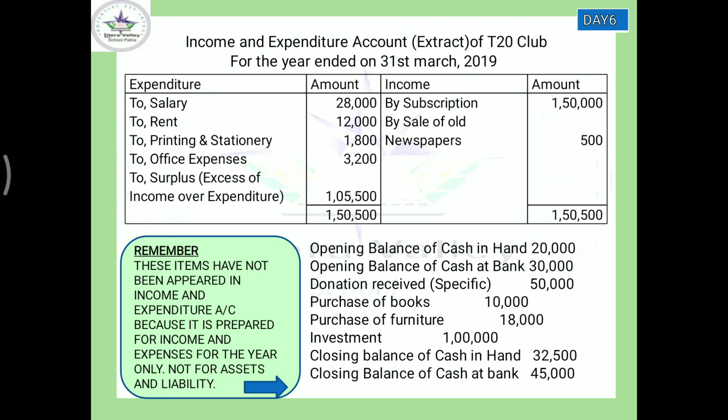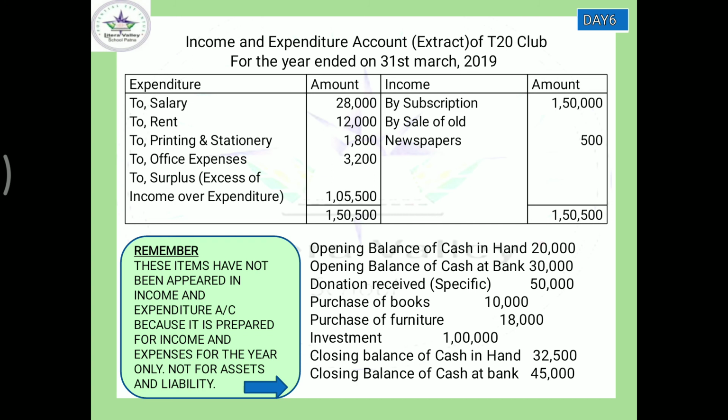Suppose subscriptions include 10,000 for the next year, 2020, because this is the information of 2019. So the organization has received subscription in advance. How will it be dealt with? It is not income. So subscription will reduce by 10,000.